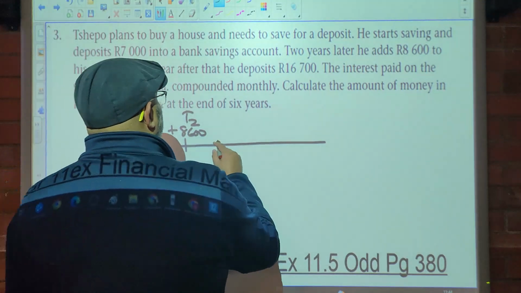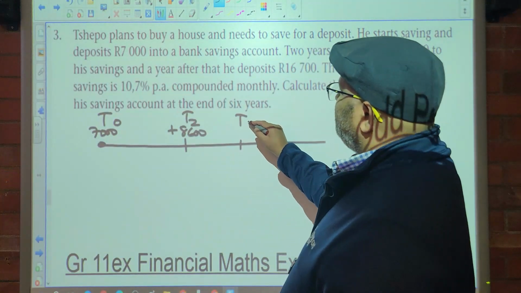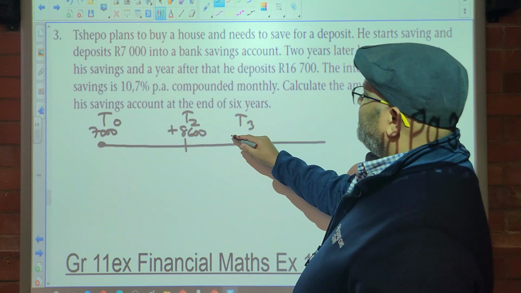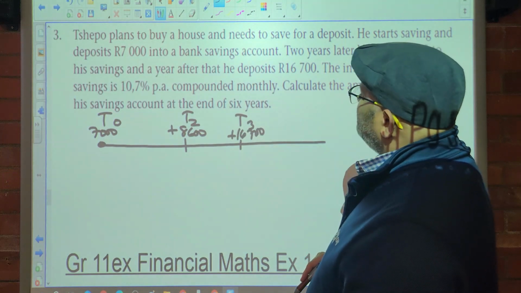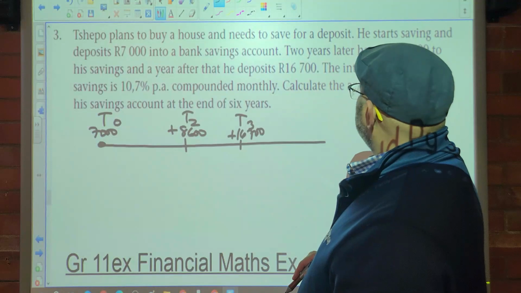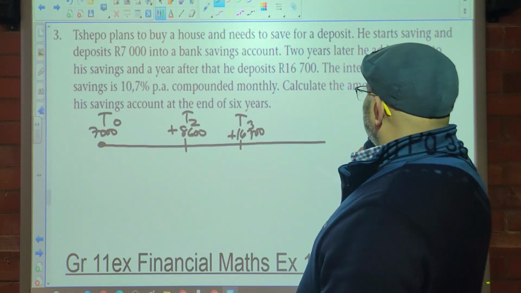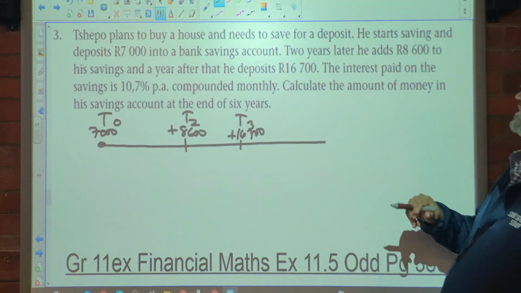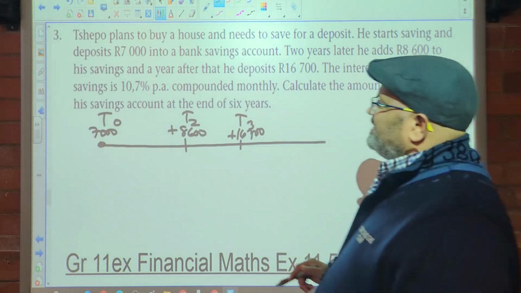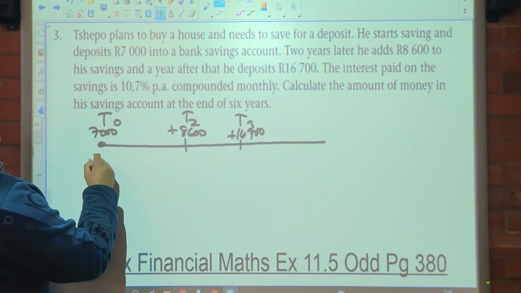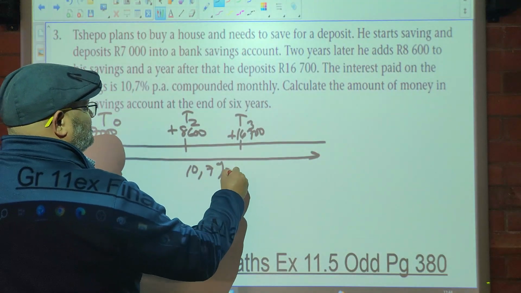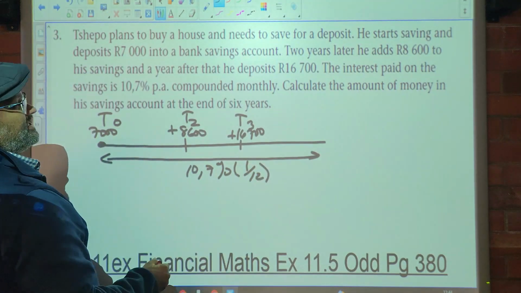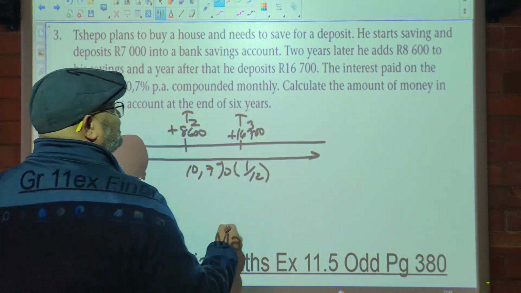And a year after that takes you to T3, he deposits 16,700. The interest paid on the savings is 10.7% compounded monthly. Calculate the amount of money in the savings at the end of 6 years.